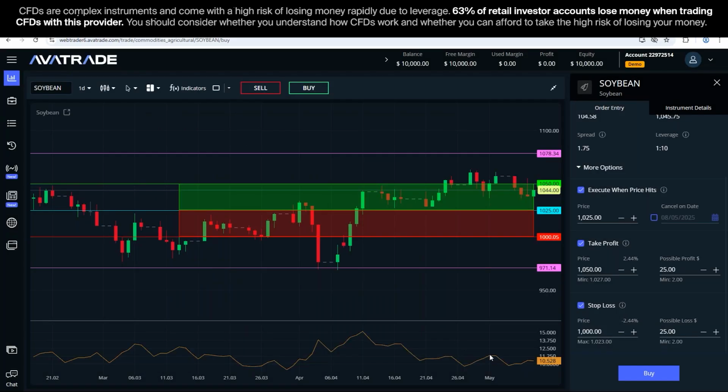Click save, and we've got $10 on average per day, which doesn't match the price that we've set, because the price that we've set is $25 away, and the average per day is just $10 away.